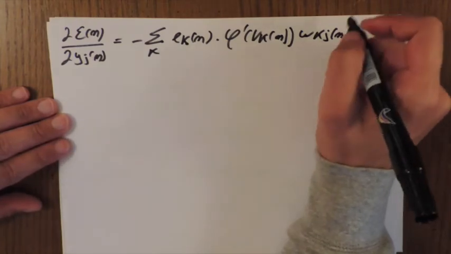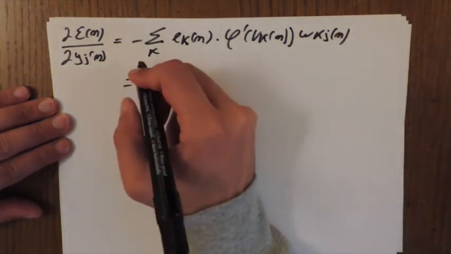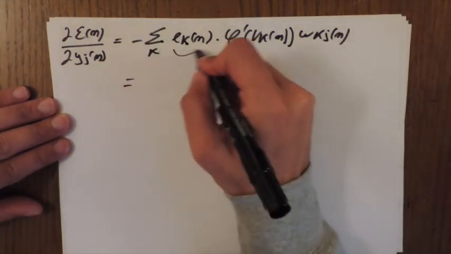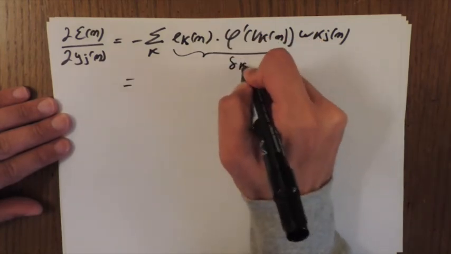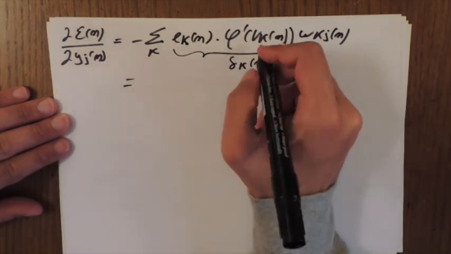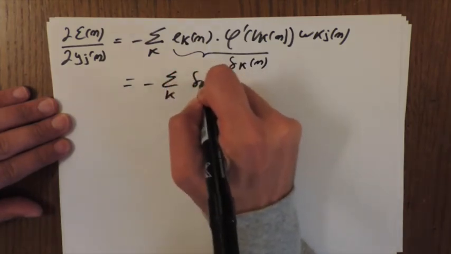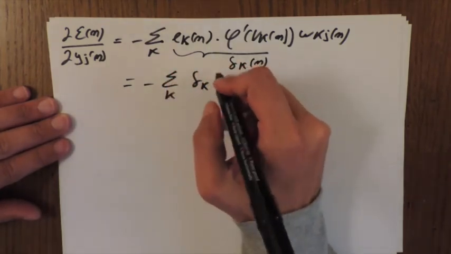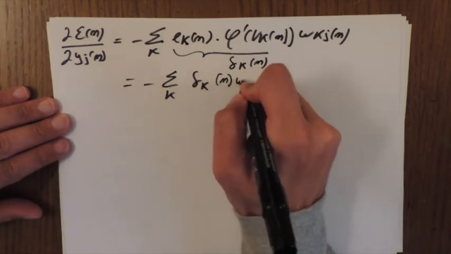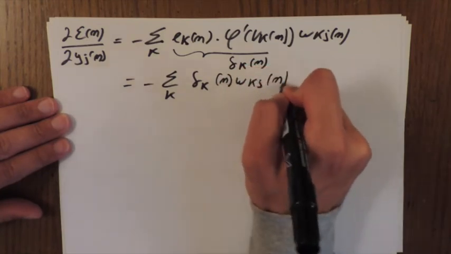Okay, and we know that this is the induced field at the output layer. So we can do as follows: minus the summation over k of delta k of n times wkj of n.